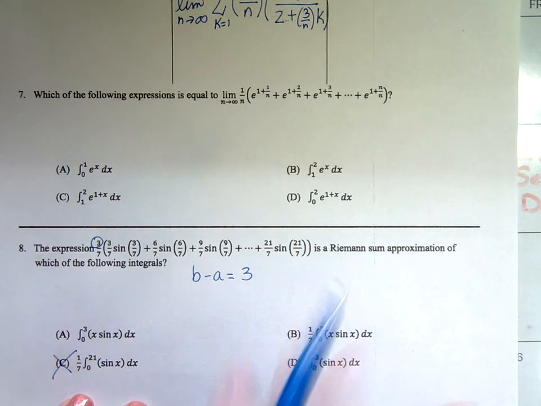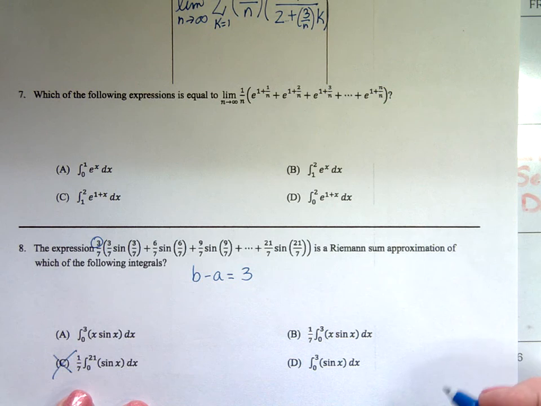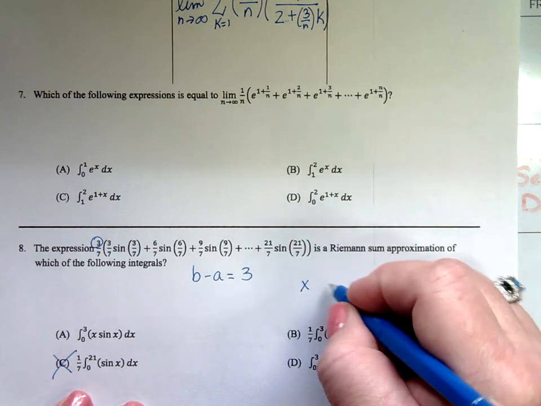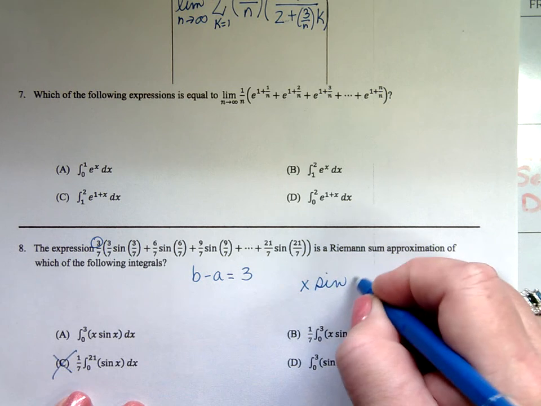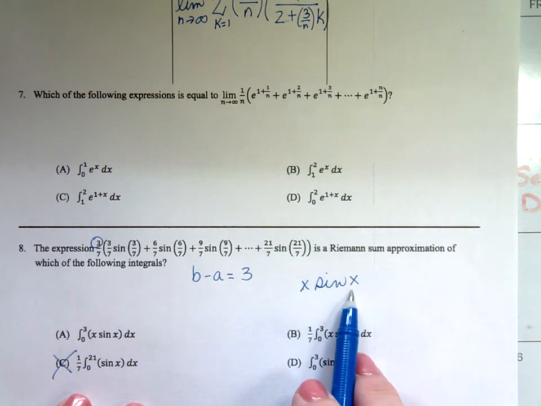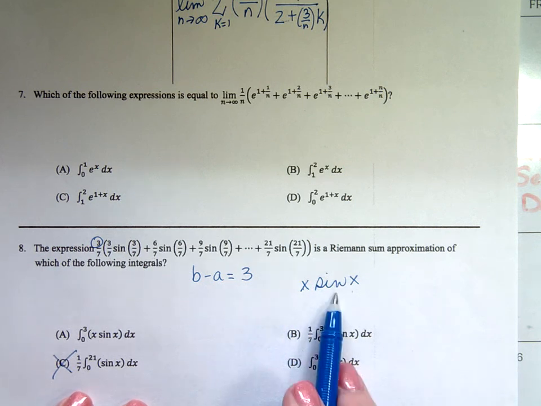And so the changing piece, remember we saw in the other problems, is called your x. So the 3/7 is x, and then you have times a sine of that same value. You've got the same number in front as what you're taking the sine of. So which one of these fits? The only one that does that is A, and that's your answer.